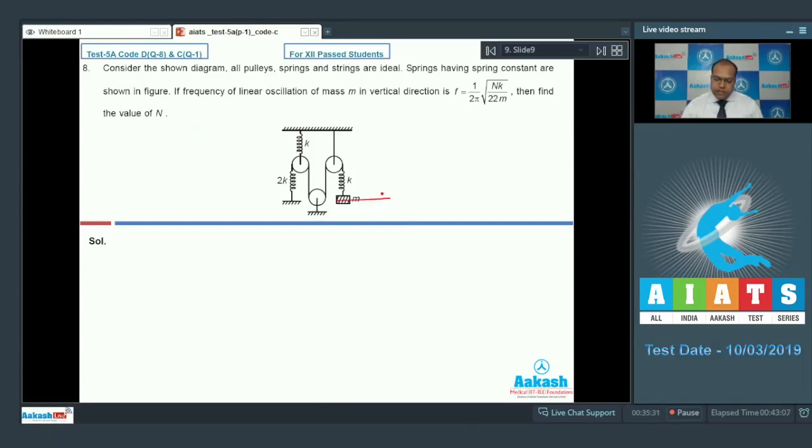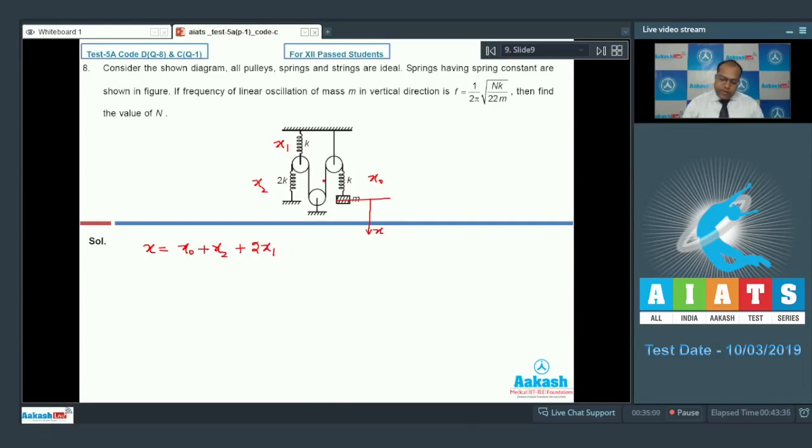If I displace this block by displacement x, due to this displacement, let the extension in the spring k be x0, in the spring 2k be x2, and in the spring k be x1. Then we can say that the value of x must be equal to x0 plus x2 plus 2x1.